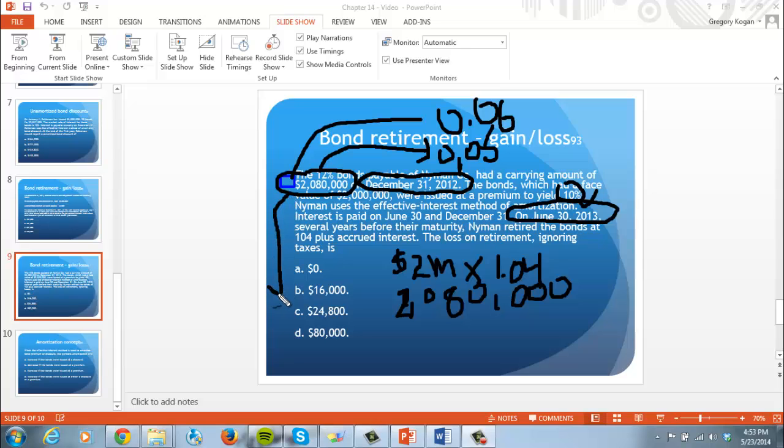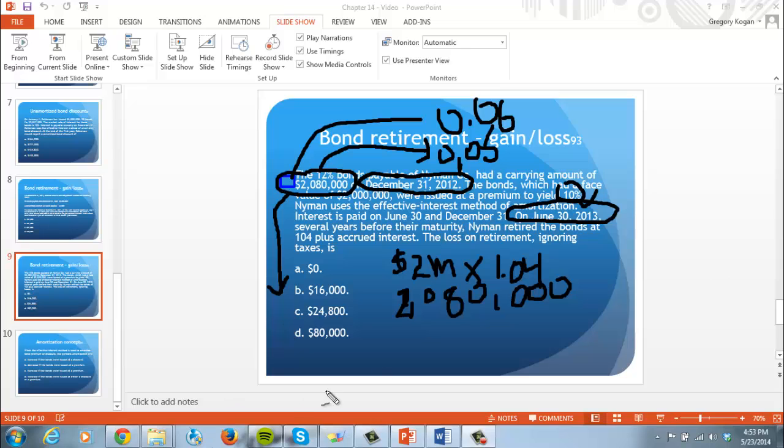So in order to subtract that, we have to look at the calculation. We have 2 million times 0.06, that's 120,000. And we have 2.08 million times 0.05, all right?